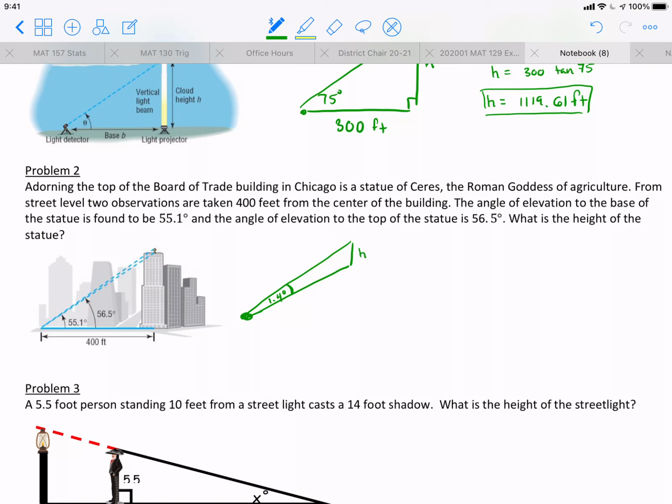But I really need another side and another angle, or maybe even 2 sides. Yeah, because if I'm going to use the law of sines, I have to have a side and its angle, right? A pair, which I don't have.